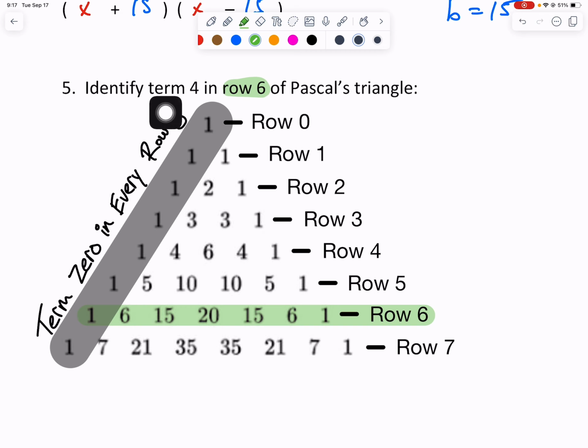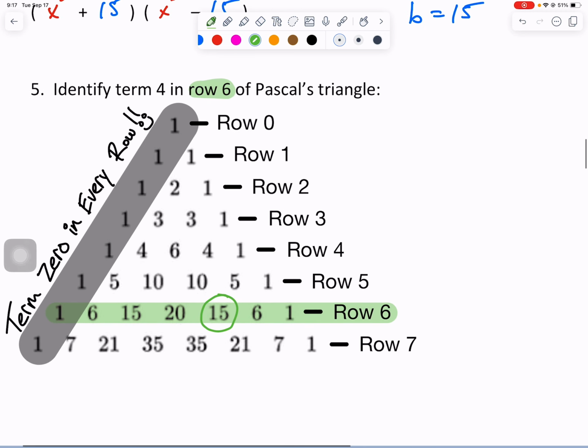So if we're looking for term 4, we have term 0, term 1, term 2, term 3, and then term 4 right there, that 15. I'm going to circle that in green so you can see it. I would definitely take this note if I'm a student. Do we have to put the smiley face? Certainly not. Circle your answer, move forward to number 6.